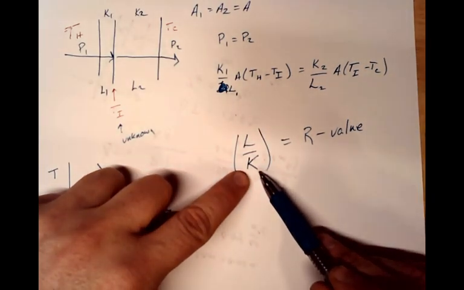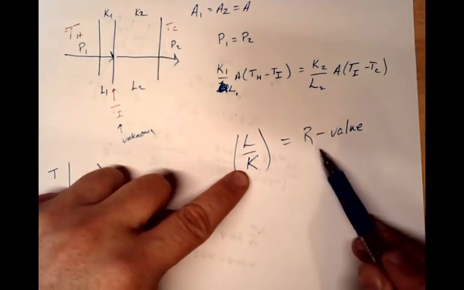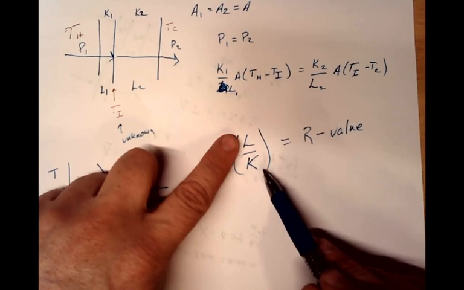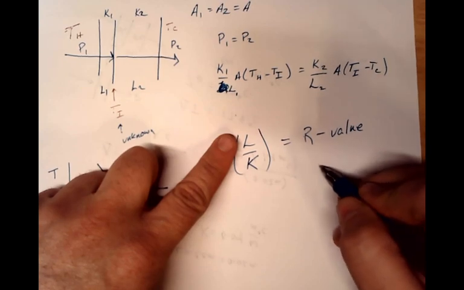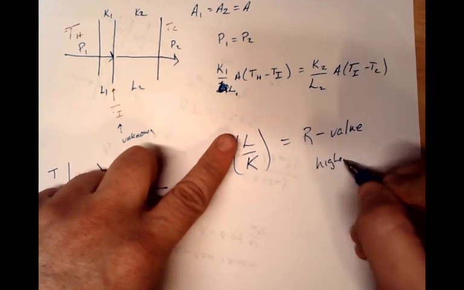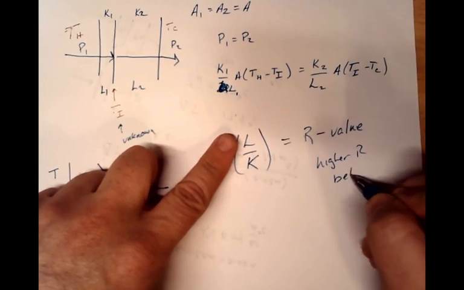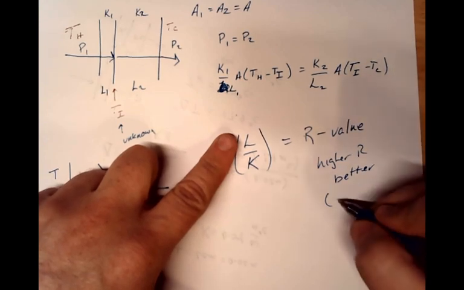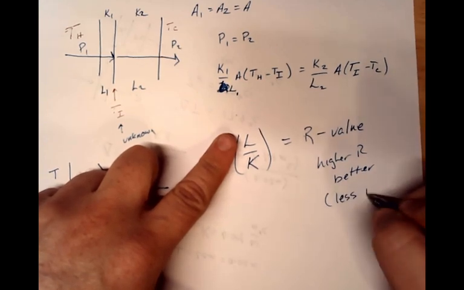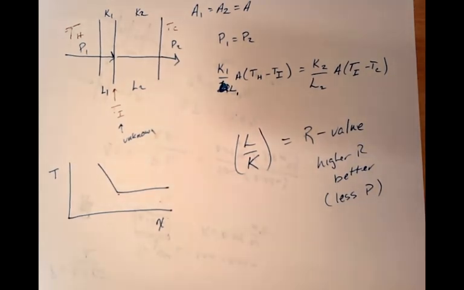It's in the denominator here, it's going to make the R value lower. So by writing it like this, we're saying for everything a larger number is better. In context of insulation, a higher R number means less power out.